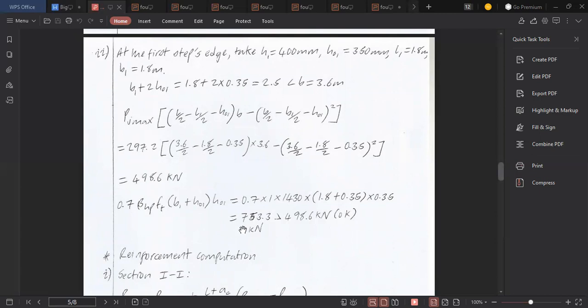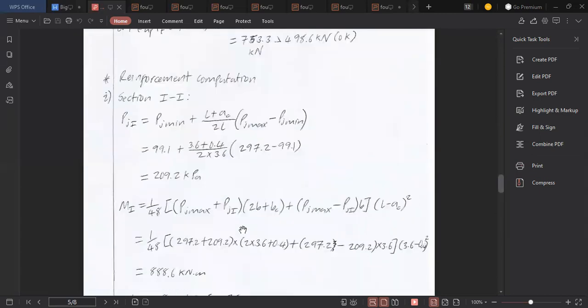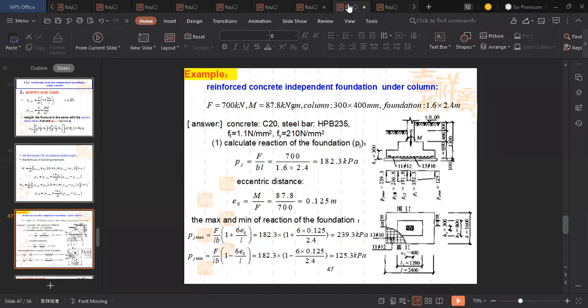After that, now we proceed. We go to reinforcement computation. This has been sectioned in certain ways from the example. Let me just go to the example for some context.